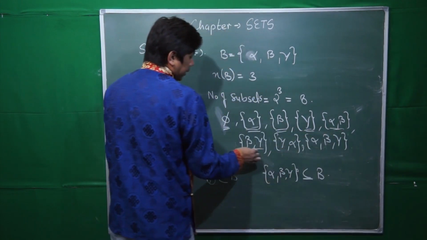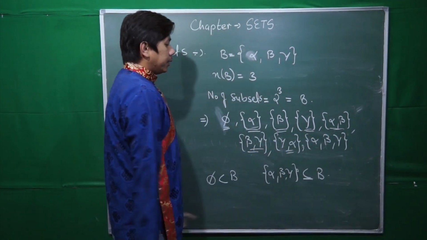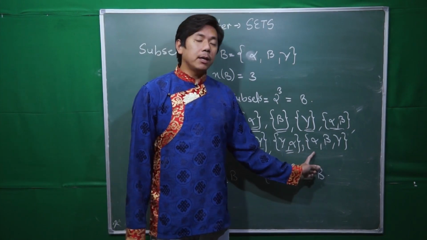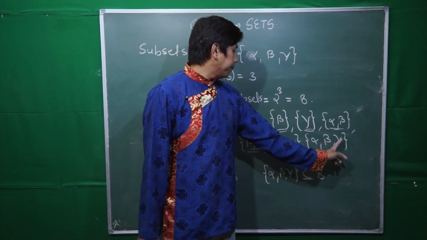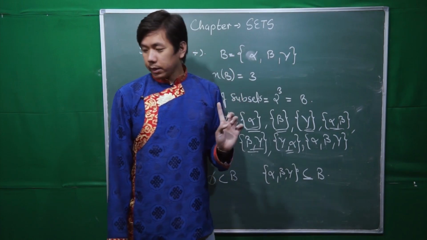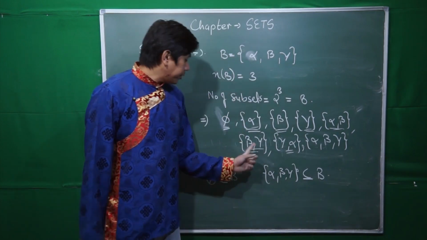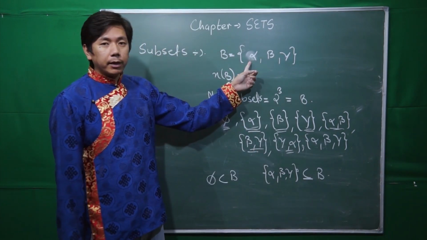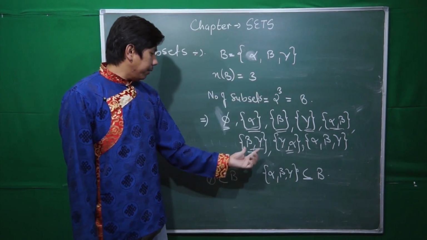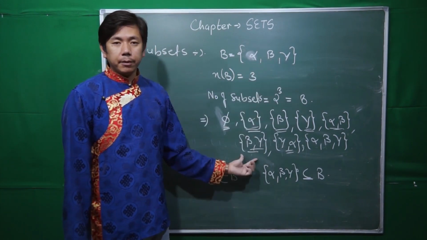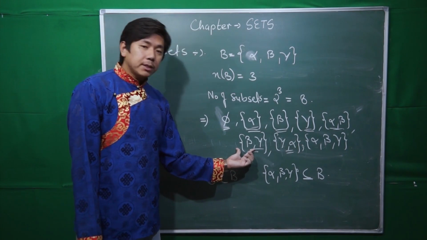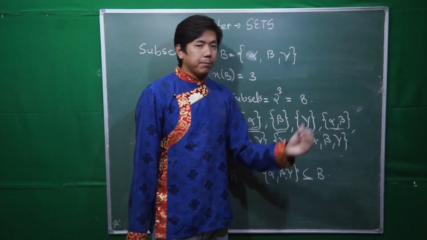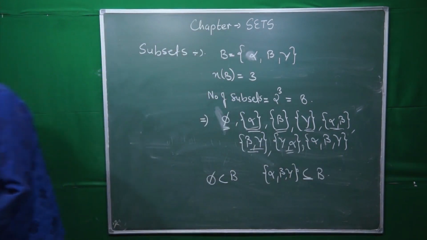Same thing with this and this. However, this one is an improper subset. Reason being, all the elements are the same. In this case, there is no alpha. There's alpha over here. So this is a proper subset. However, this is an improper subset. Okay. Simple.